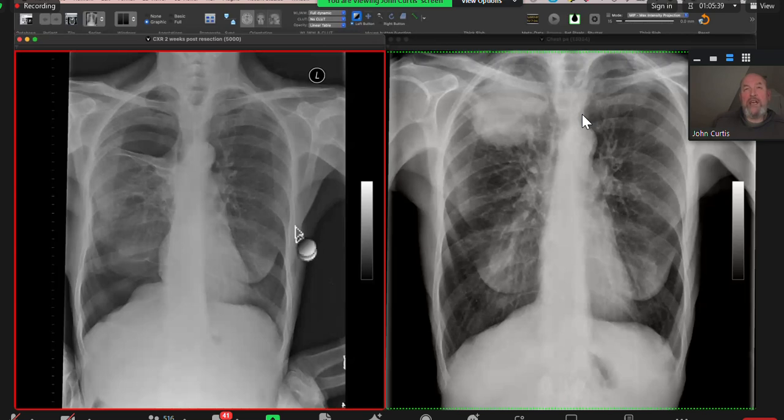Now tell me, what's the difference in technique between that X-ray and that X-ray? They're both PA X-rays. The radiographer who did this X-ray asked the patient to do something different to the radiographer who did the other.